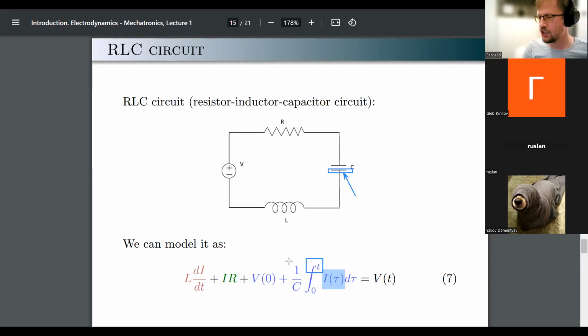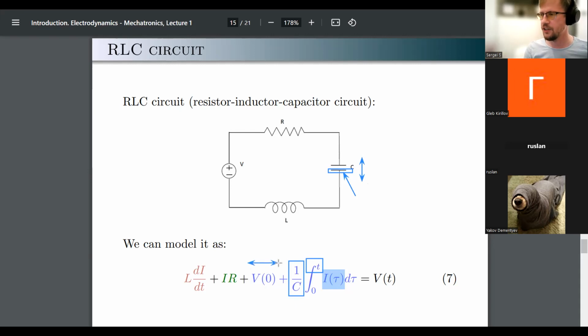Now, if we divide this charge by the capacitance, what we get is exactly the voltage across this capacitor. Except the capacitor might have had charge before, so it didn't have to start with zero charge. If it had charge before, we can model it as this V0.